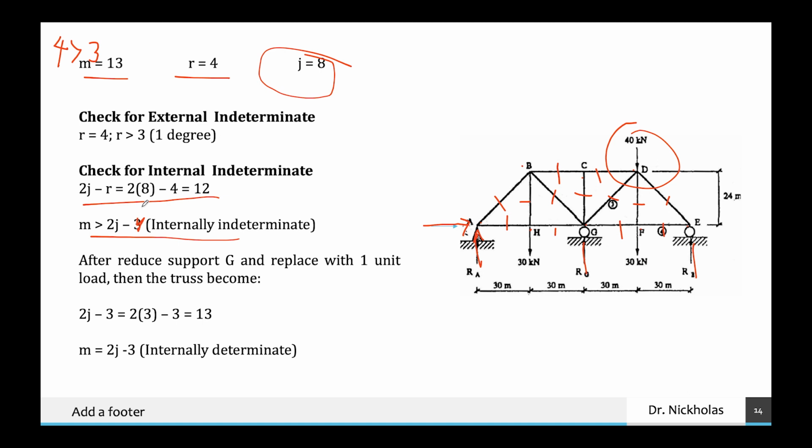We will reduce the support, and the truss will become statically indeterminate. After we remove this, the number of members still stays the same, 13.